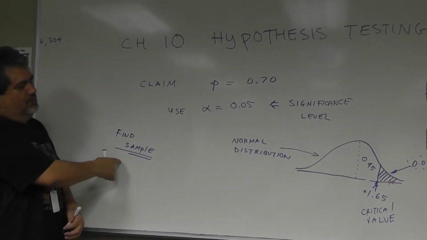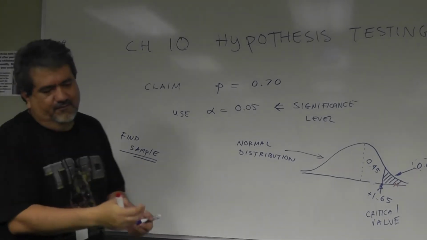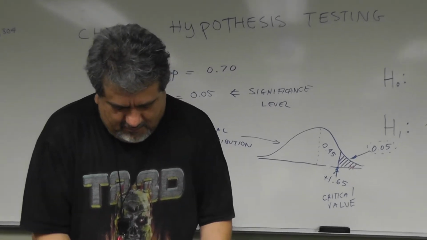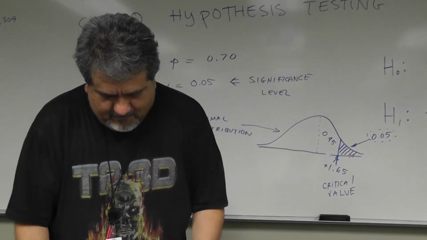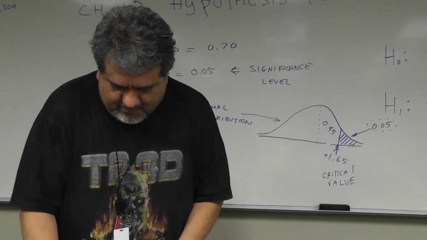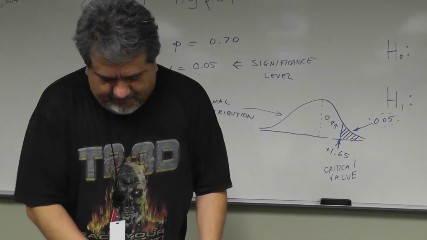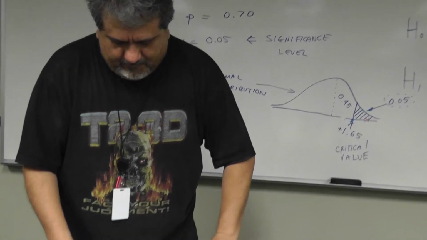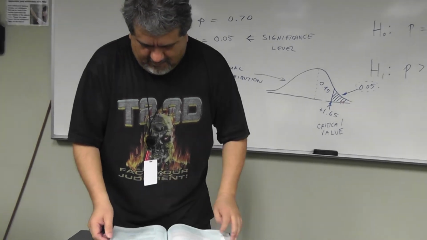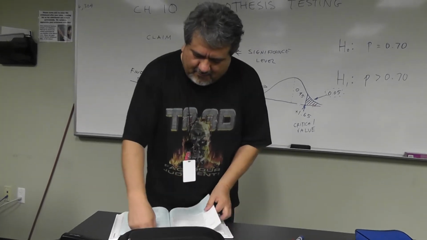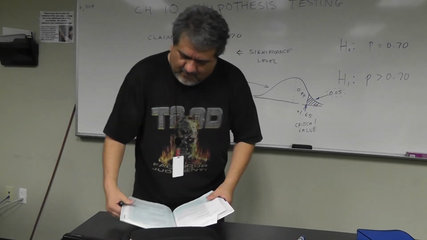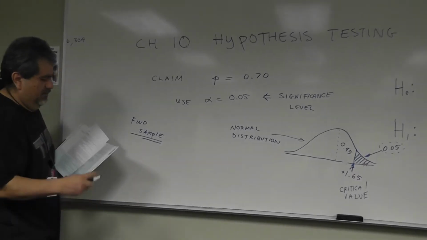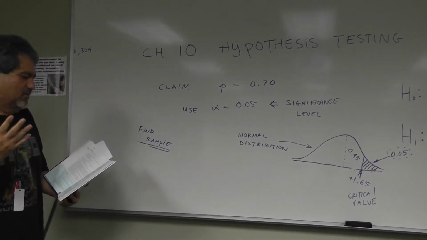And, as a matter of fact, we are going to find the sample using a formula. And let me tell you, at the end of chapter 10, we have the formulas to find the sample. It depends on the context, but we are going to find the sample by using either of three formulas, right?